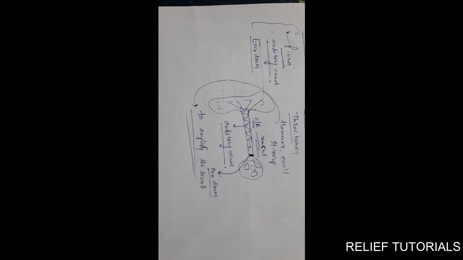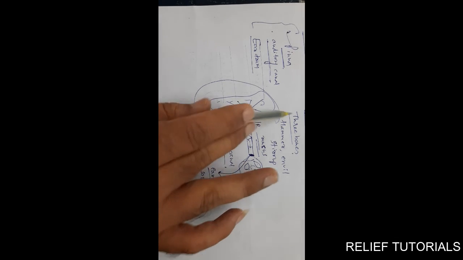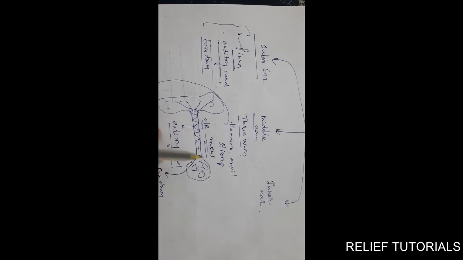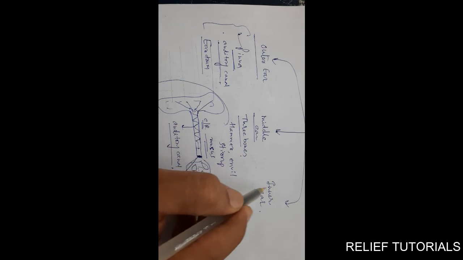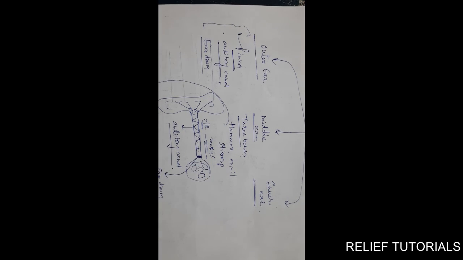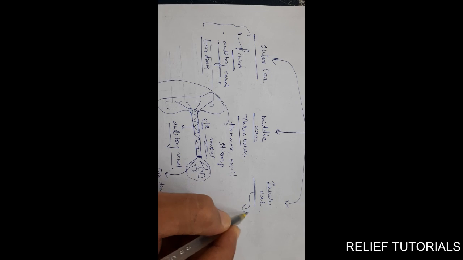Amplitude of the sound can be increased, and as we know, as the amplitude increases, loudness slightly increases. So it helps for the better clarity of sound waves. The middle ear part having three bones, hammer, anvil, stirrup, and the liquid, they amplify the sound. Now this amplified sound then passes towards the inner ear, and inner ear is mainly made up of cochlea.